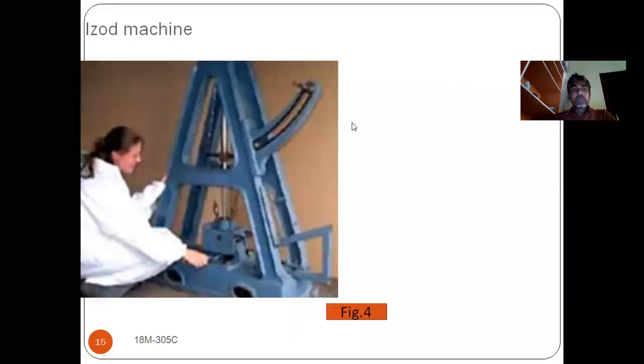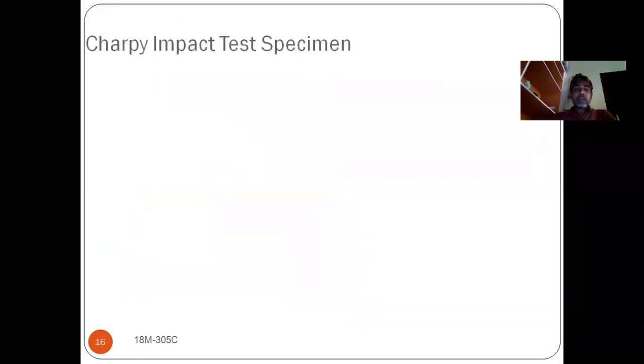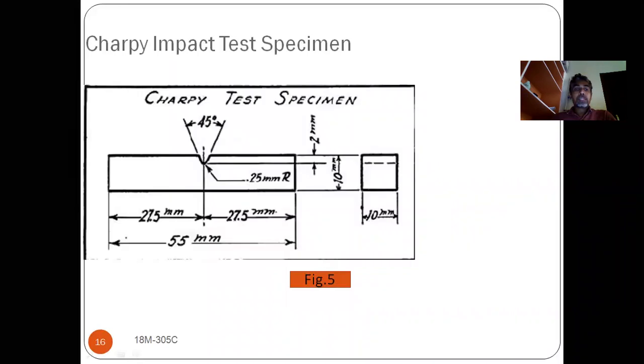And coming to the Izod test. A typical Izod test is also similar to that. This is the specimen for the sharp impact test. See here, this is the notch. The notch is symmetric and the angle is 45 degrees.